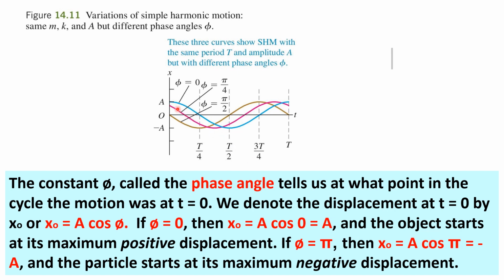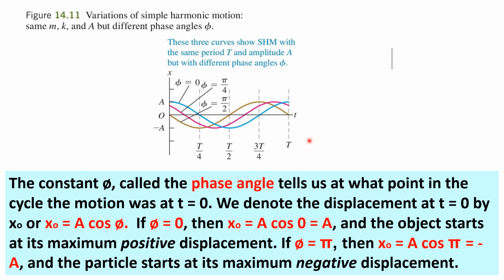So this is how the graph looks if we start at phi equals 0. If the phase angle is equal to 0, then that's how the graph looks, the one in green.